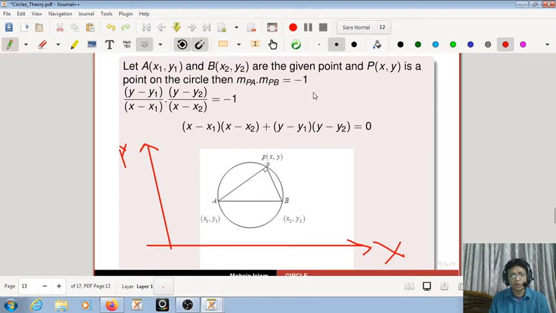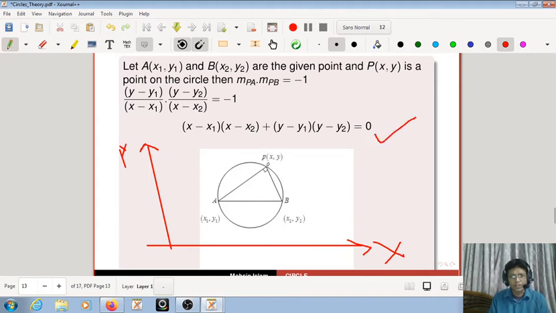So you know that if it is 90 degrees, then the product of the slope of the line PA and the slope of the line PB is equal to -1. The slope of the line PA is (y minus y1) by (x minus x1), and the slope of PB is (y minus y2) by (x minus x2), and the product equals -1. This gives you (x minus x1)(x minus x2) plus (y minus y1)(y minus y2) equal to 0.